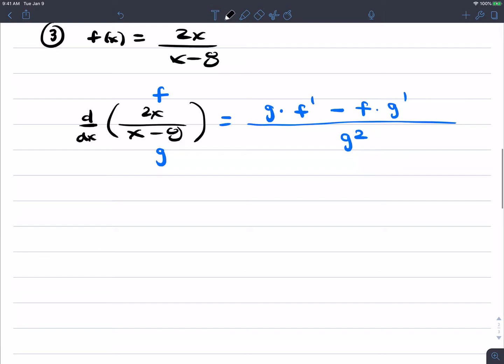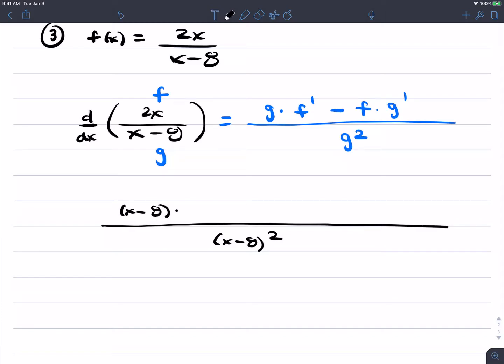What that looks like in operator notation is simply going to be the following. Take the denominator g and square it. Take g, multiply by the derivative of f, subtract f times the derivative of g.